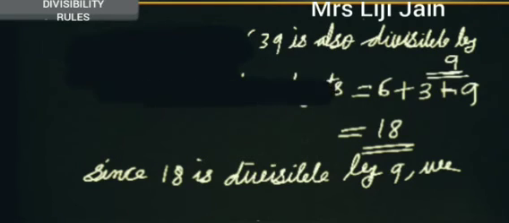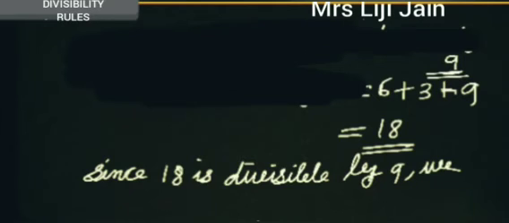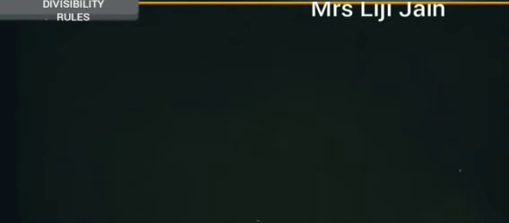Understood? Let's consider one more example. Example B. The number is 2736. The rule is the same as that of the rule of divisibility by 3, isn't it?